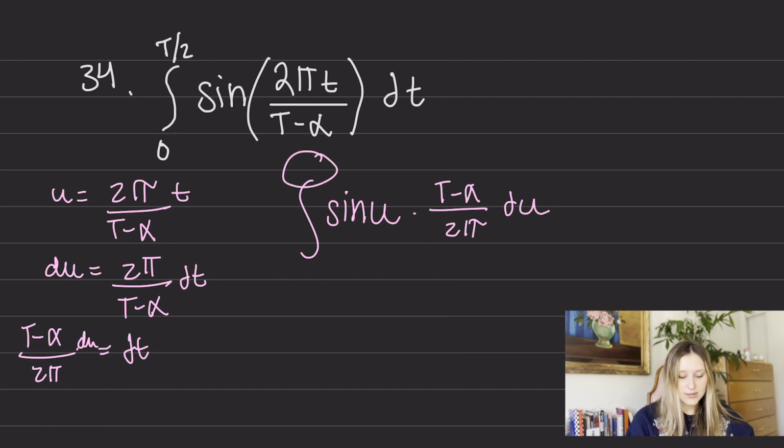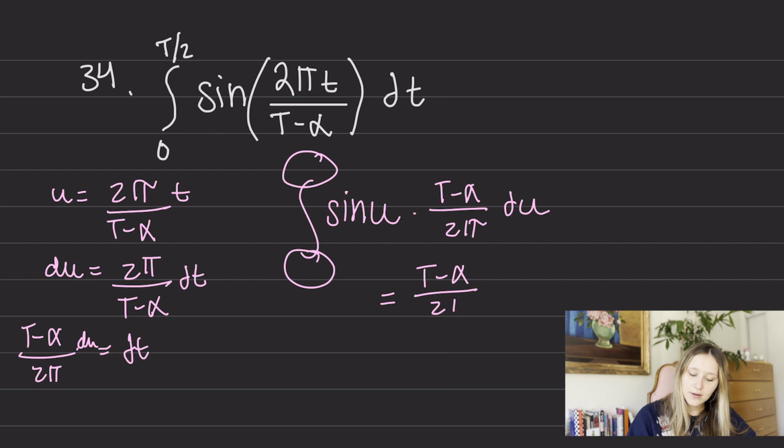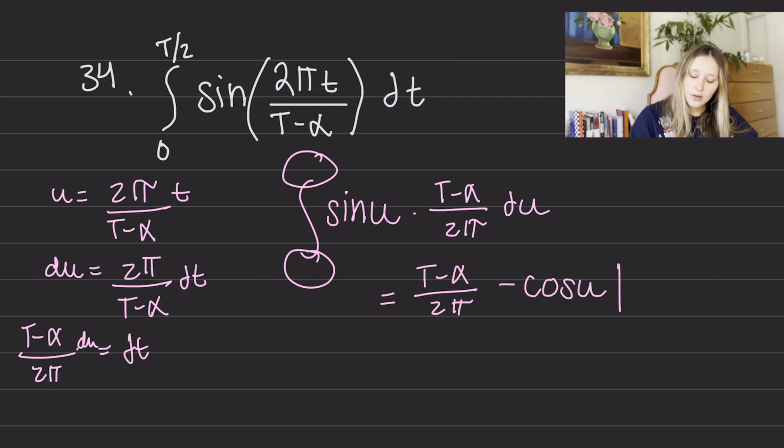We know that this is something and this is something, and then this part we can pull out and we get t minus alpha over 2 pi. What is the integral of sine u du? It's going to be minus cosine of u evaluated at something.